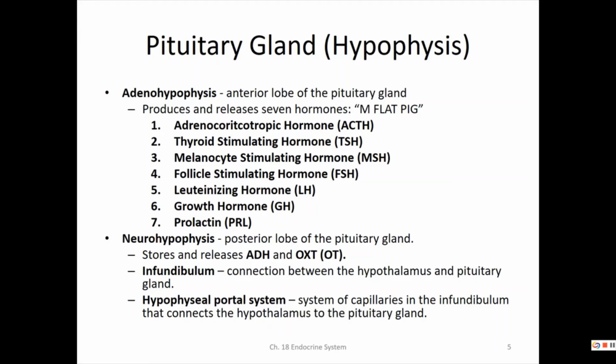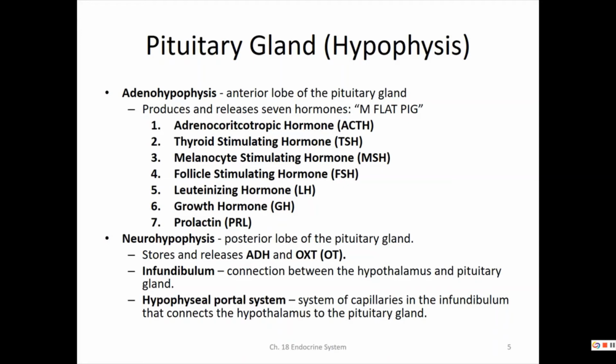It was made in the hypothalamus, stored and released in the posterior pituitary gland. That's because they are stuck in vesicles in the synaptic terminals found within the posterior lobe of the pituitary, the neurohypophysis. Now, it stores ADH, it stores oxytocin.